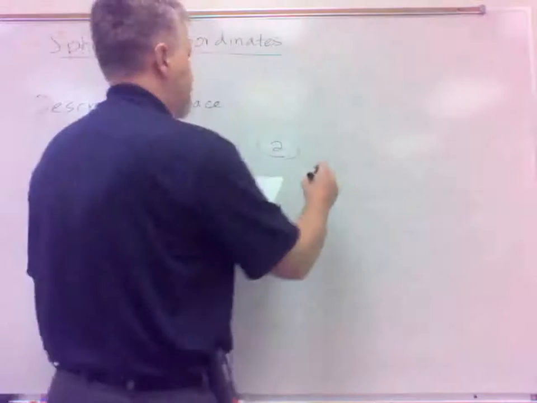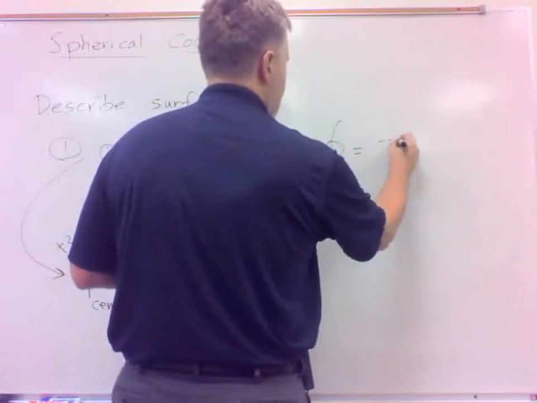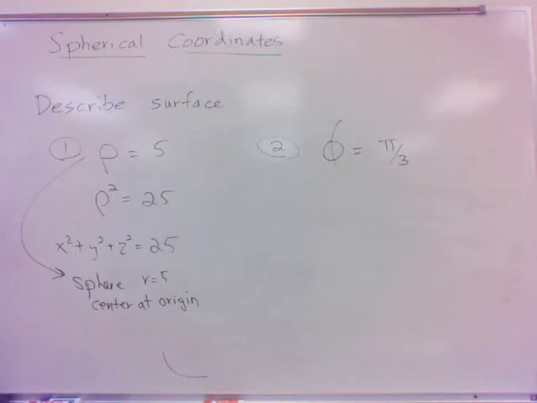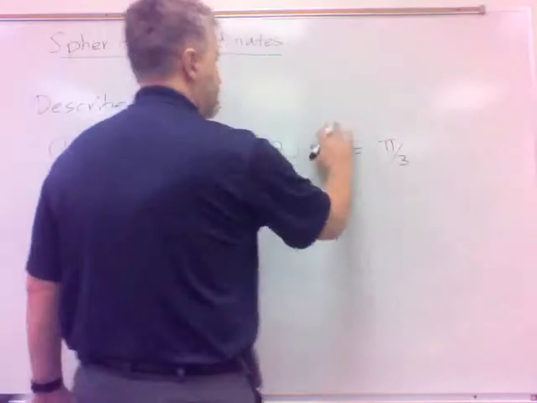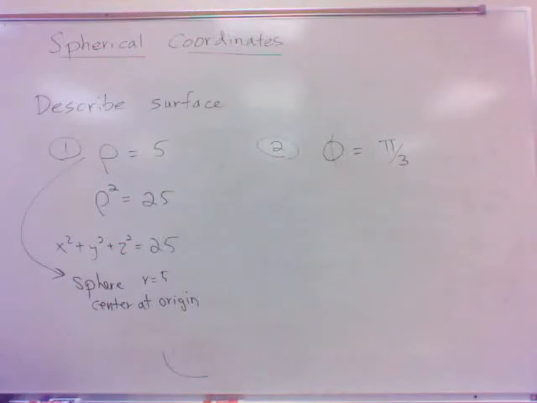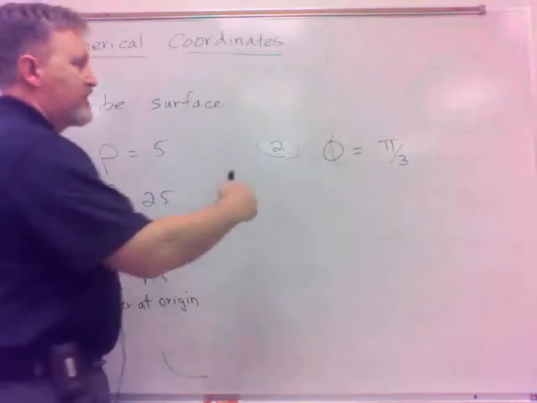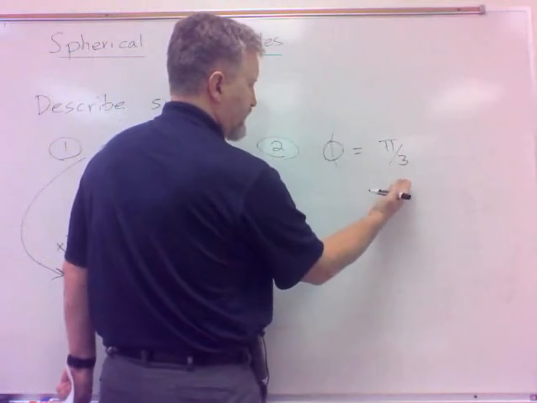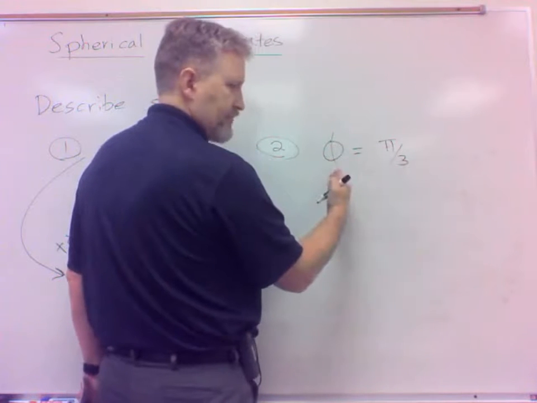Also, like we said before, spherical coordinates are good for spheres, and they're also good for this one. This is phi equals pi over 3. That means we're talking about all the points with the angle phi equals pi over 3. That's the angle with the z-axis.